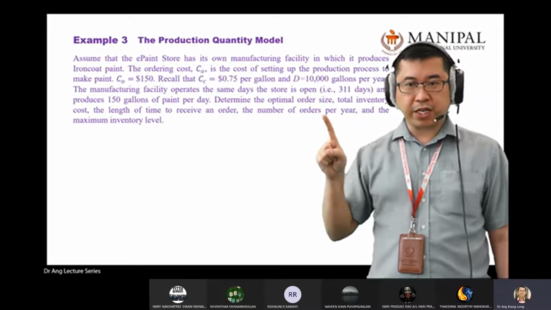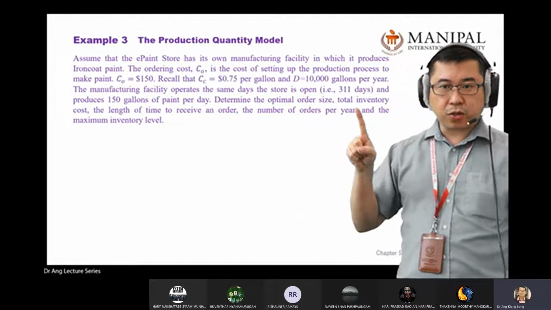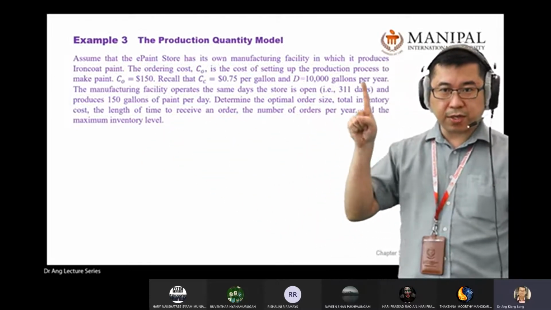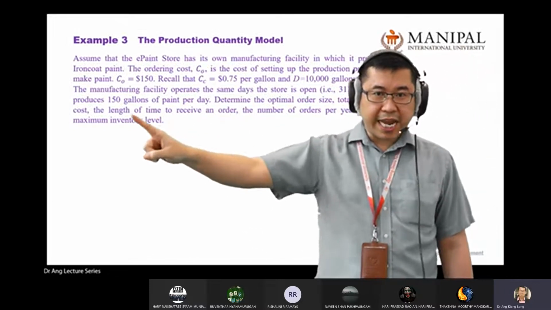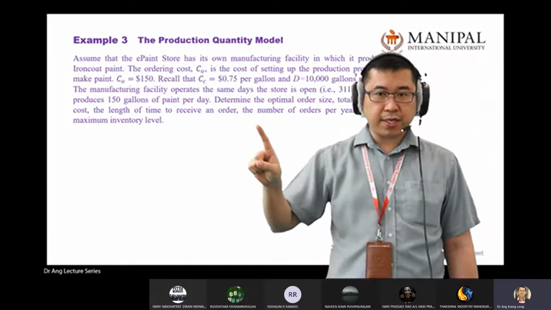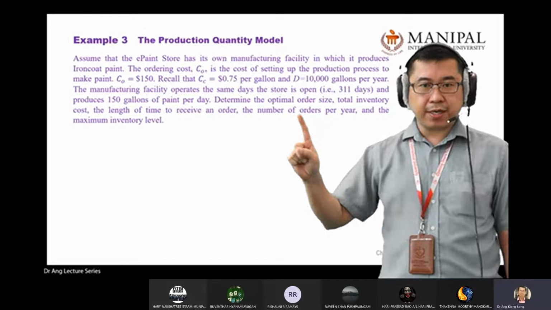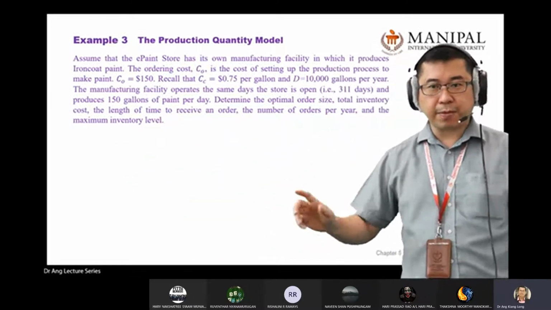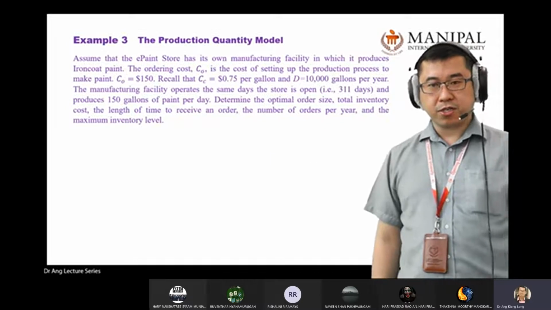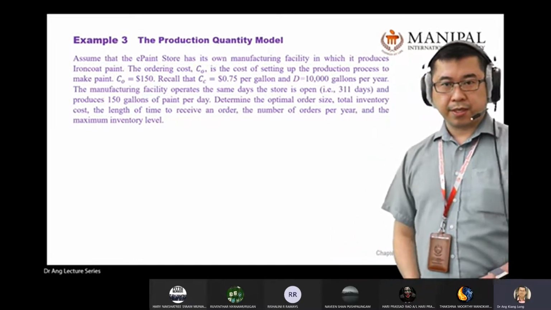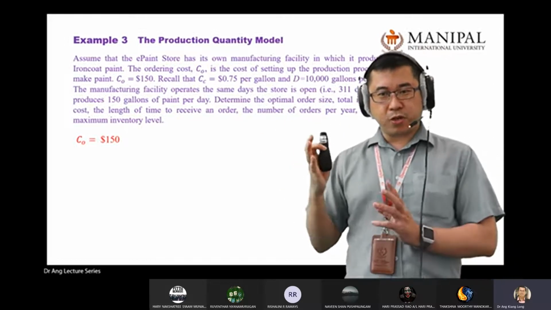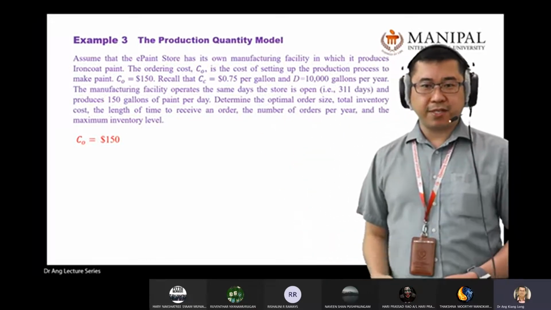You need to find the Q op. Total inventory cost. We have one equation to calculate total inventory cost. The length of time to receive an order, the number of orders per year, and maximum inventory level. Basically, you use up all the 4 equations that we learned just now. Okay, put the known constants in one place.